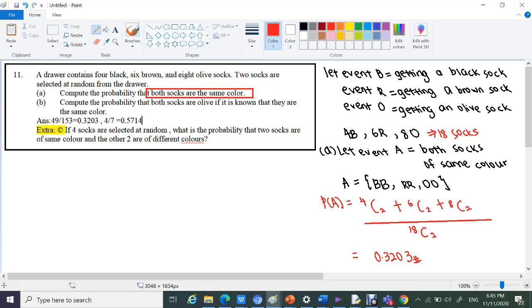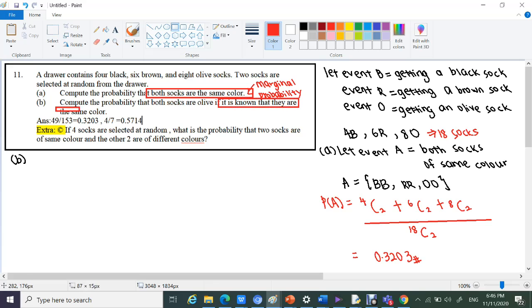How about the B part? The B part asks us to compute the probability that both socks are olive if it is known that they are of the same color. So from the first scenario, A is just a marginal probability. What is the meaning of marginal probability? Marginal probability means that this probability is without any condition. While in the second case, we have a condition: both socks are olive if it is known that they are of the same color.